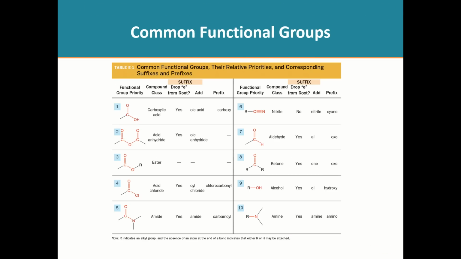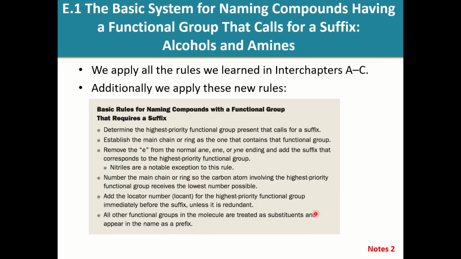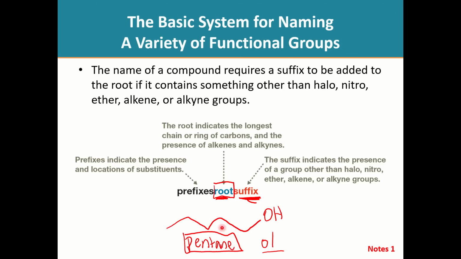So each different type of functional group has a different suffix: -oic acid, -oic anhydride, -oyl chloride, -amide, -nitrile, -al, -one, -ol, and -amine. Now the prefixes are going to tell us where the substituents are.